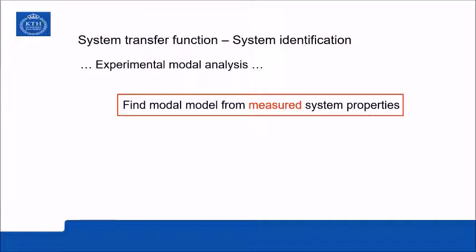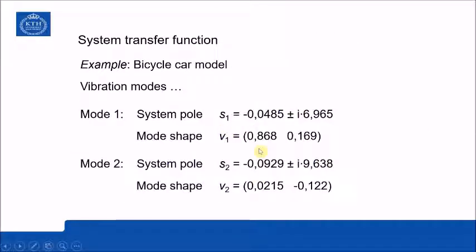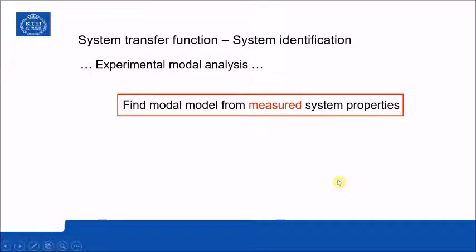So, in experimental modal analysis, which we are dealing with in the larger part of this course, our task is actually to find the modal model from measured system properties. That is, we have to find the system poles and mode shapes for the system that we investigate.